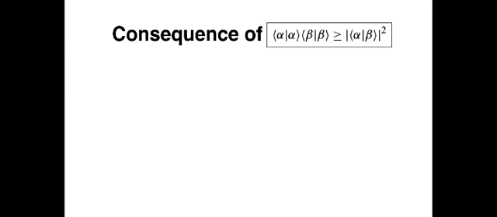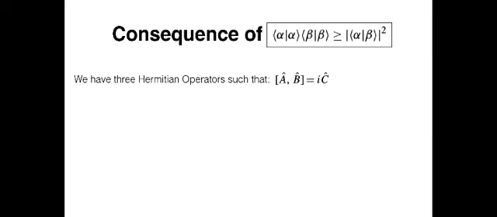Okay. So what is the consequence of this? Well, the consequence is very important. We are going to start with 3 Hermitian operators, and we are going to choose them so that A, B, and C obey this commutator relation. So it just turns out that we have 3 operators that correspond to that commutator relationship.